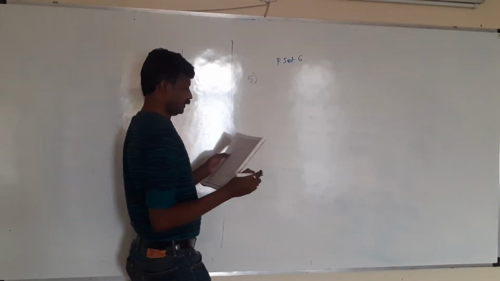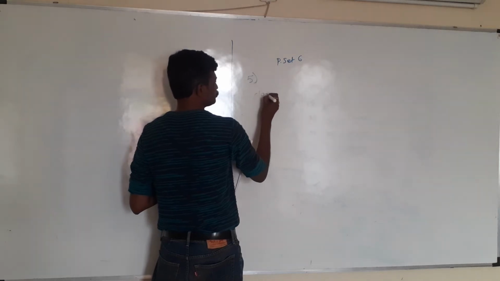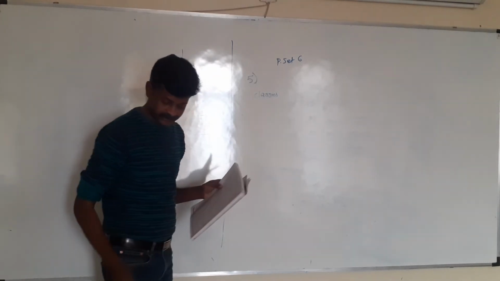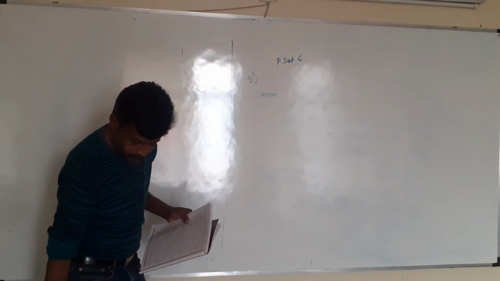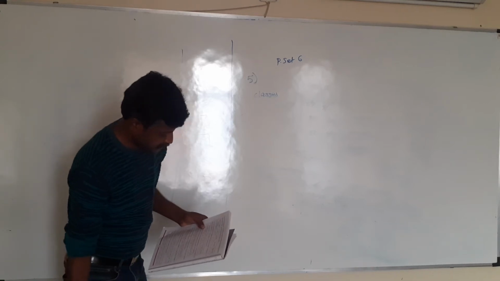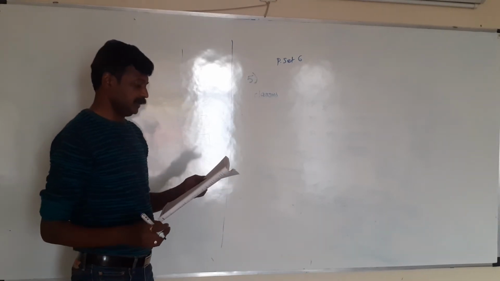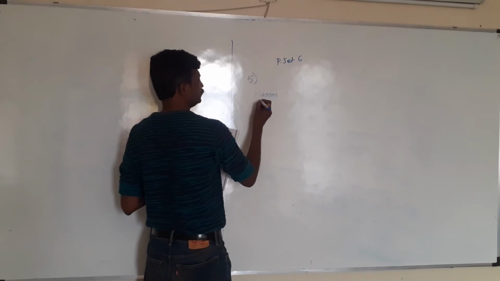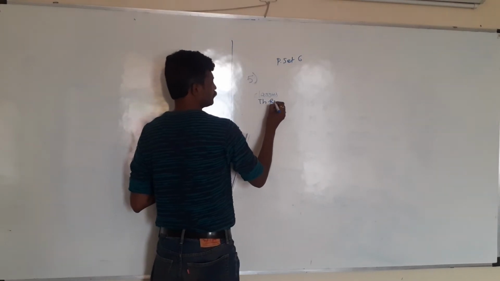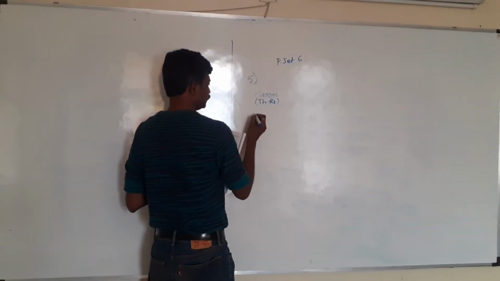In question number 5, first is the class. It is the amount of aid in 1000 rupees. Classes are again mentioned here.